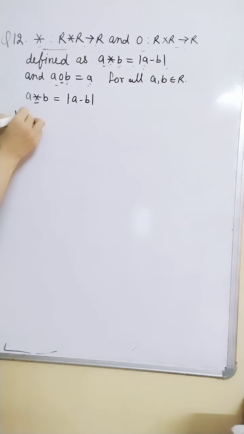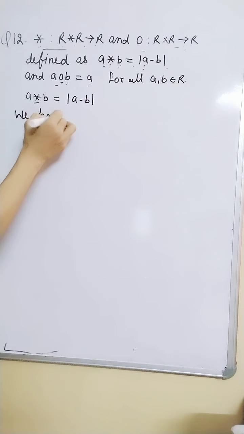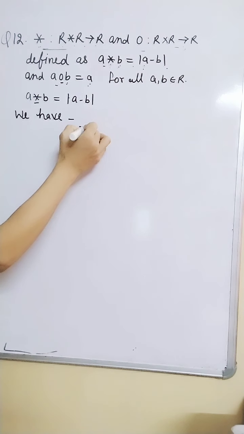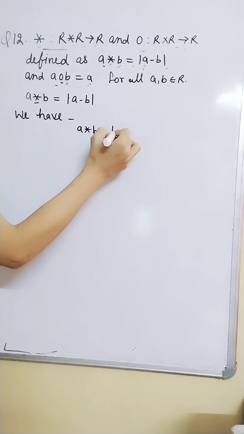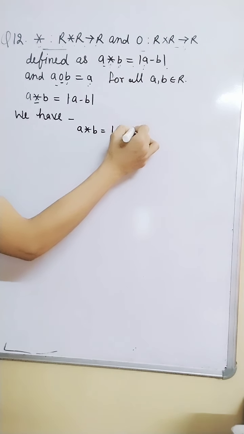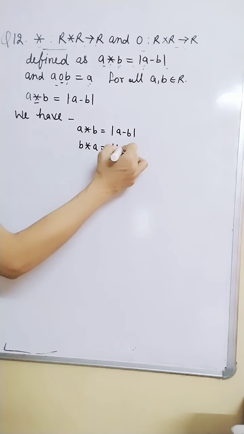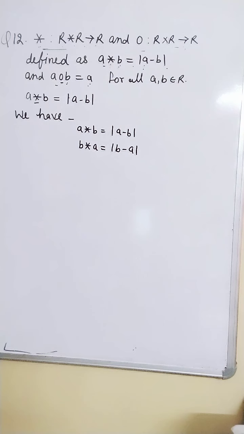So first we have A operation B equal to mod A minus B, right? If I apply B operation A, then I will get mod B minus A, right?